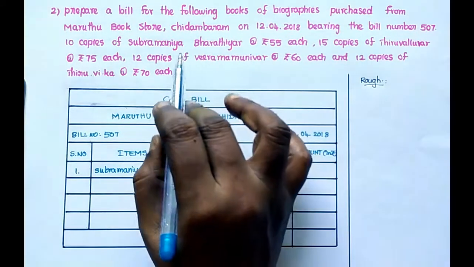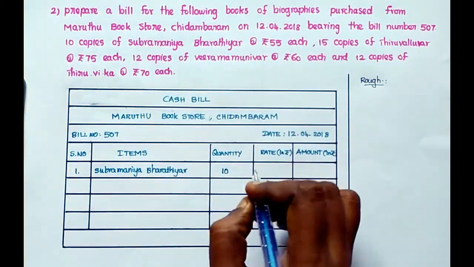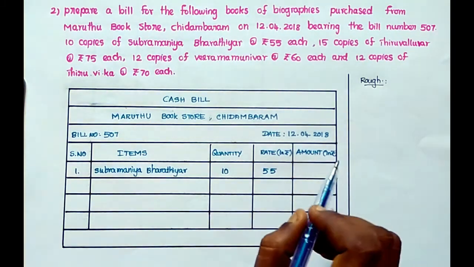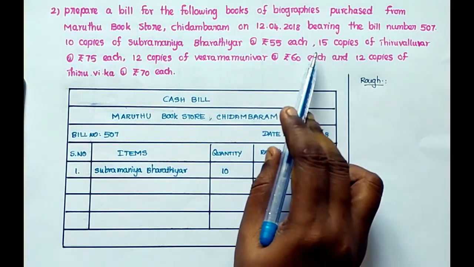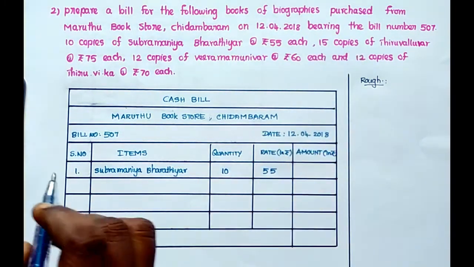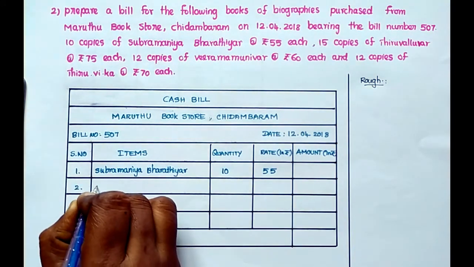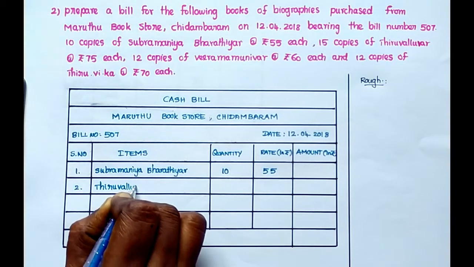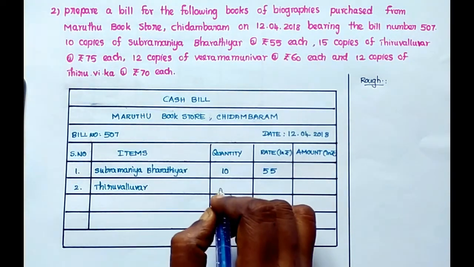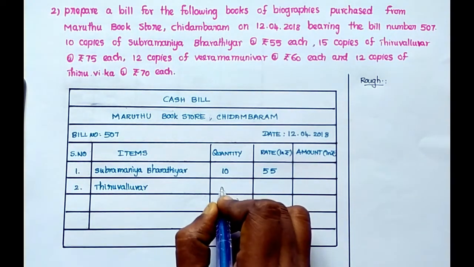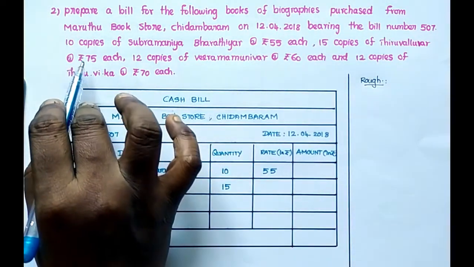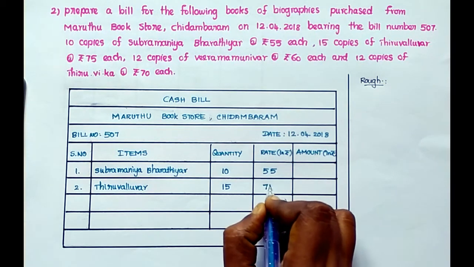One copy rate how much? 55 rupees. Next one, 15 copies of Thiruvalluvar. Second one, Thiruvalluvar, 15 copies. One copy's rate is 75.